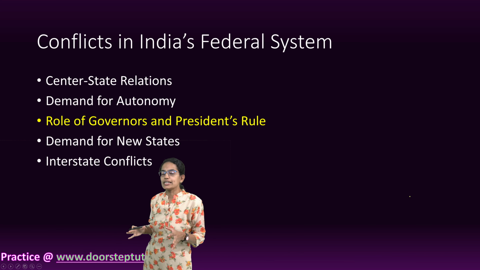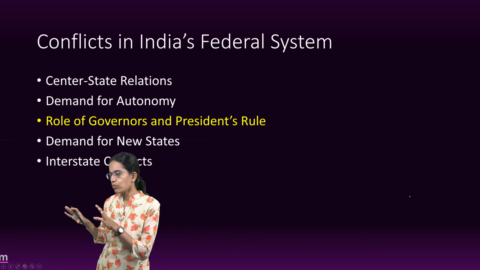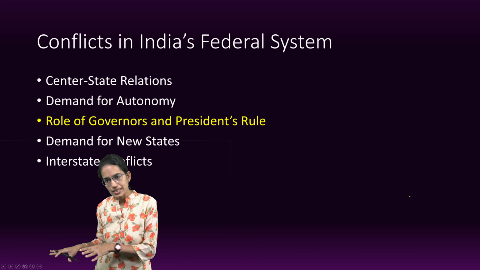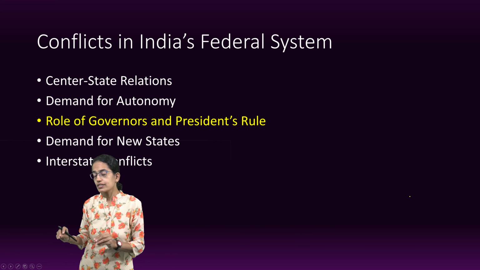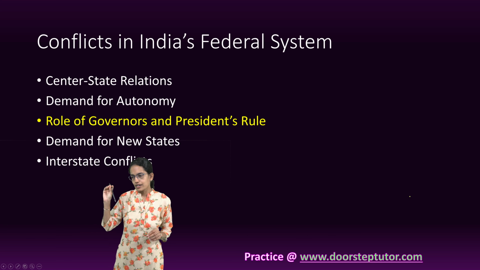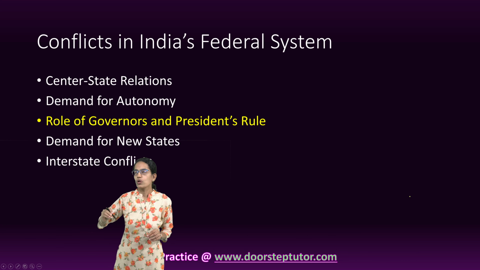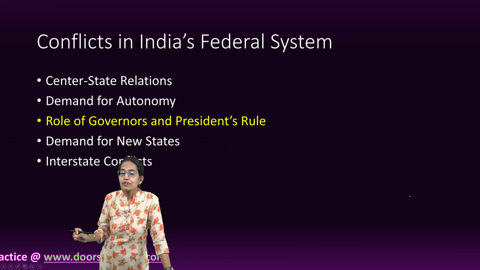Now, the governor is a nominated office holder. However, most of the governors are retired military persons or civil servants. Besides that, the governor is appointed by the center. So definitely, the governor's role can be influenced by the center, or there can be interference by the center.